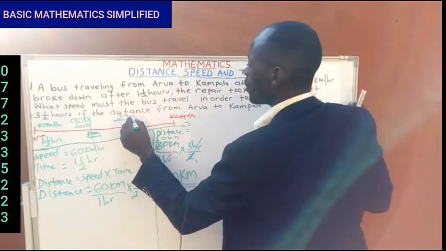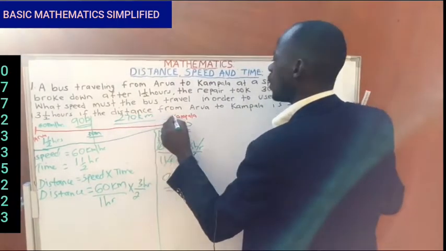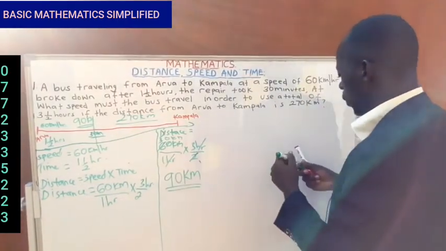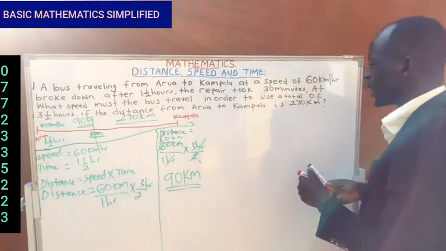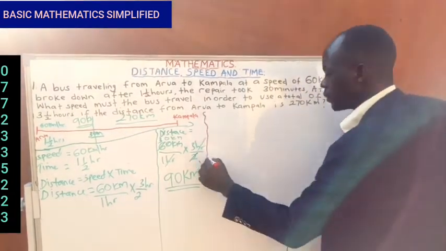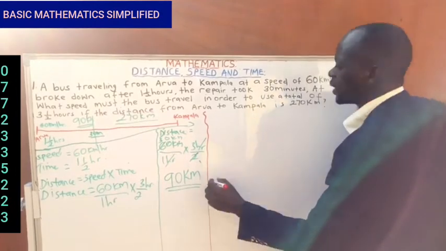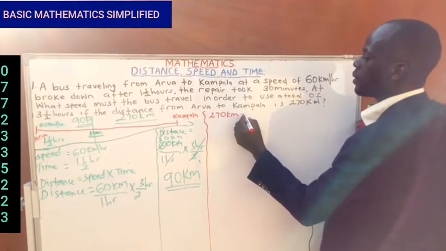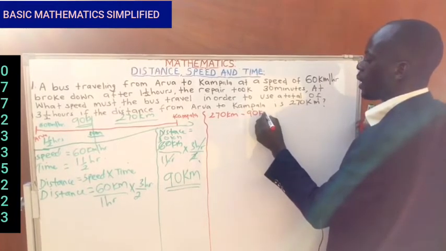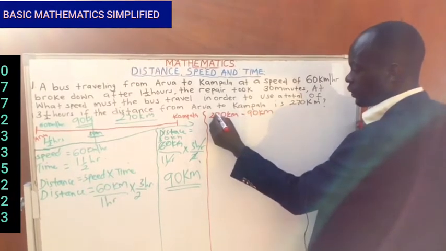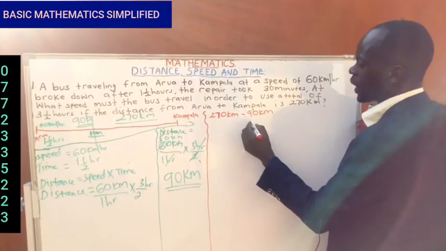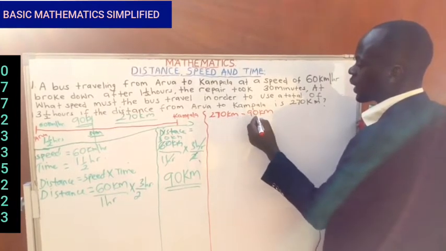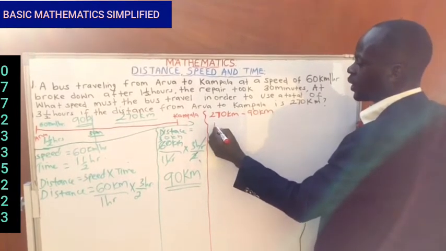What has he covered so far? We all know that after calculating that, he has so far covered 90 kilometers. Now 270 kilometers minus 90 kilometers is 180 kilometers.